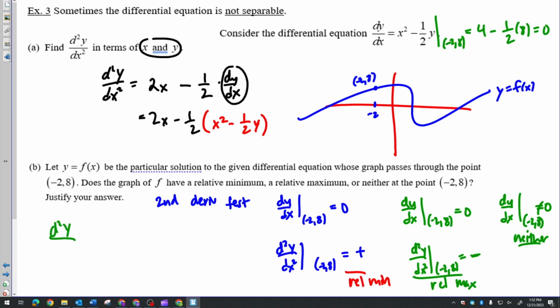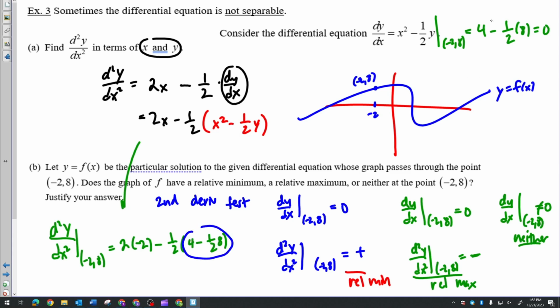So the second derivative at this point, negative 2, 8, is going to be equal to 2 times, I'm just plugging into this equation, 2 times negative 2 minus 1/2 times x squared, which is 4, minus 1/2 times y, which is 8. Okay, we actually already figured out this right here was dy dx, right? It's this right here.